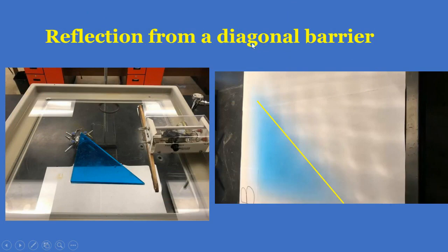All right, now let's use another feature of this ripple tank to study the reflection when a plane wave hits a diagonal barrier, and let's prove that it is obeying the law of reflection, which states that the angle of incidence is equal to the angle of reflection.